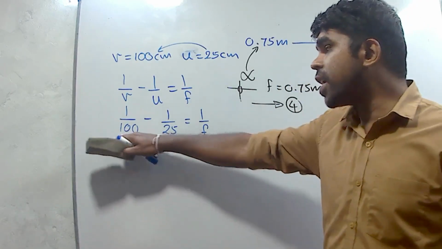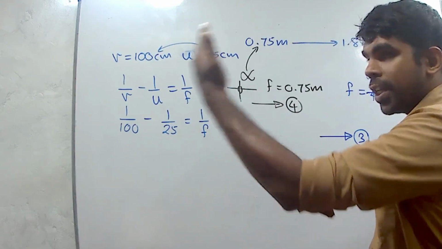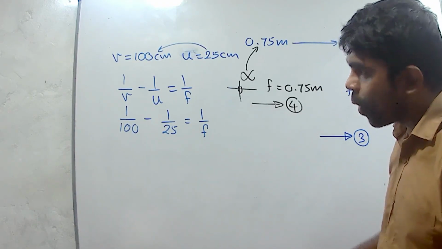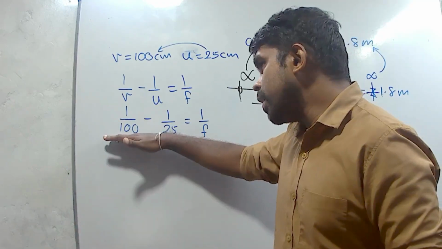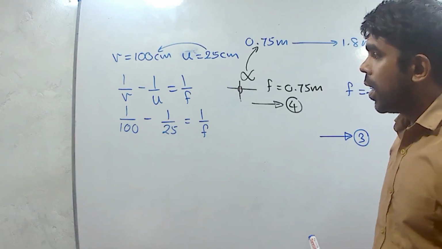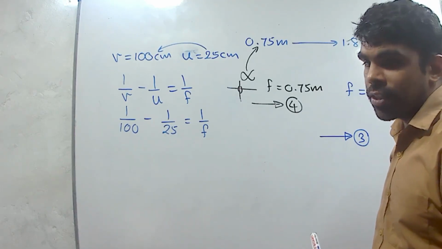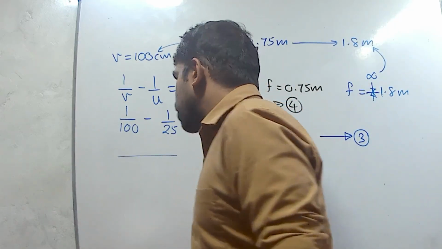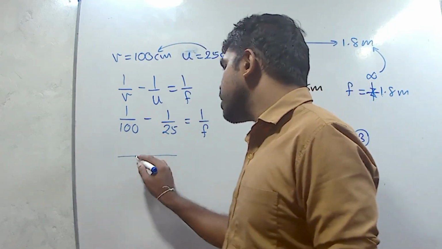These distances are in the opposite direction of the light rays. We have to take the object distance and image distance from the eye, opposite to the light rays. Therefore, we can simplify without using sign convention.